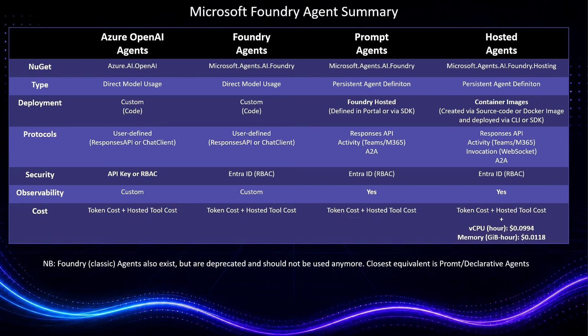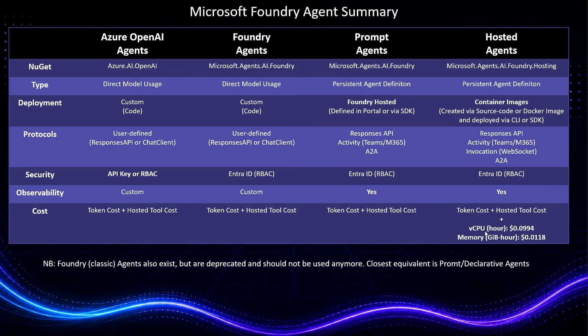Finally, we have cost. The first three are very easy in that you pay for your token cost and you pay for your hosted tool cost, meaning the web search tools, the code interpreter tools, and so on and so forth. Your own tools in your code, of course, you don't pay for other than tokens. Hosted agents, you also need to pay for the usage.